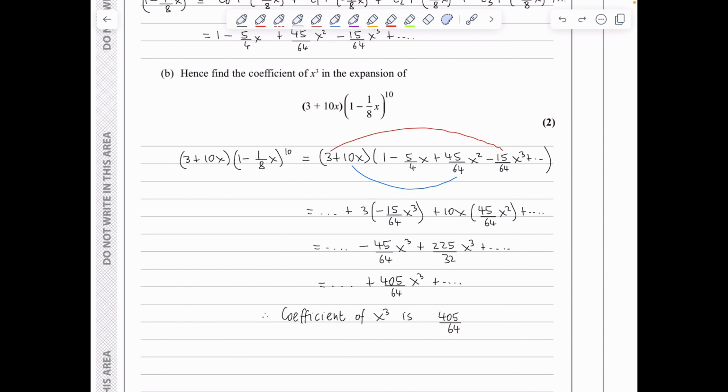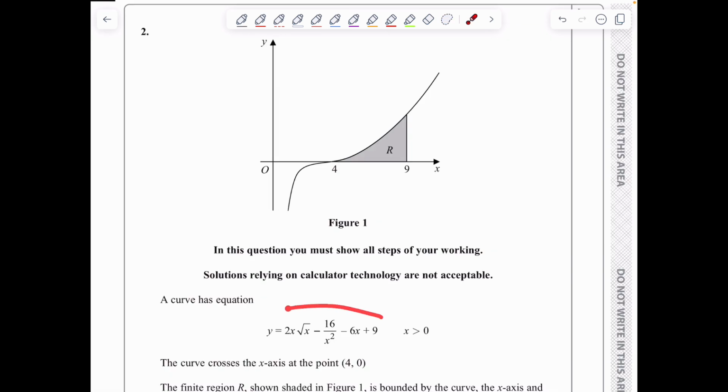Be careful here not to include the x cubed term. When we talk about the coefficient of x cubed, we refer to the number and the sign in front of x cubed.